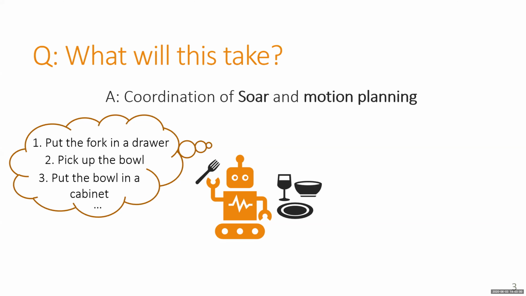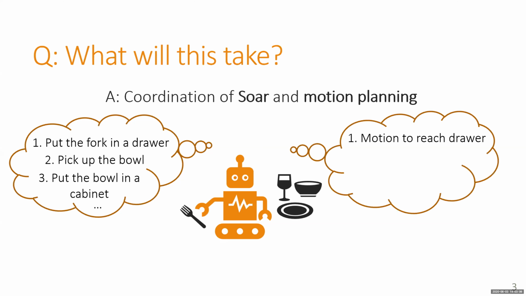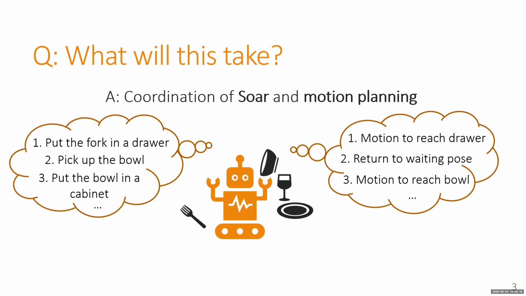However, for a robot, there's actually a whole second part to this system, and that is the system component that actually moves the robot's arms and plans the motion to reach the drawer and then move the arm back, and then motions for each of the subsequent actions. And this second part of the system is typically a motion planning algorithm.